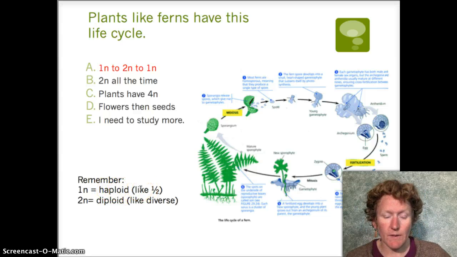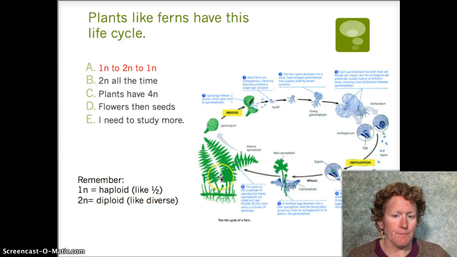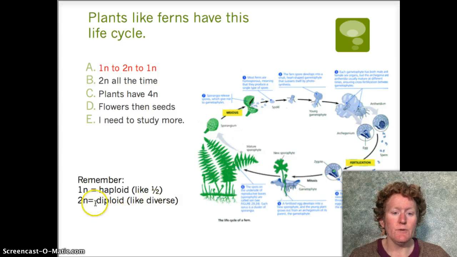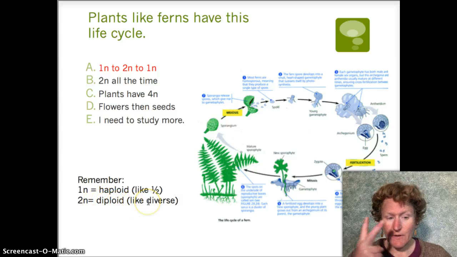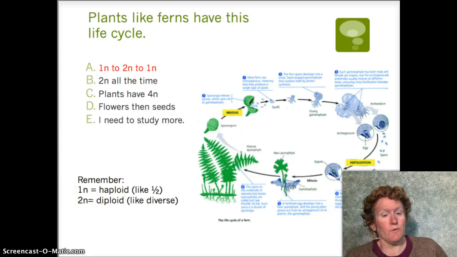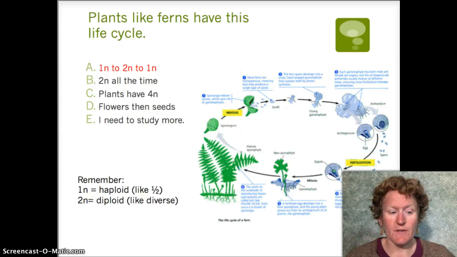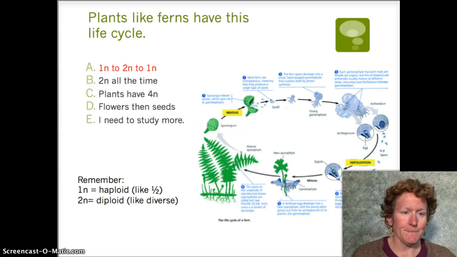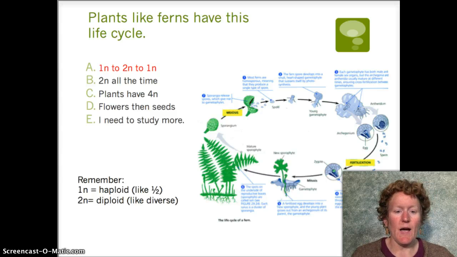Half what would normally be present in an organism that you're more familiar with. 2N is diploid, like diverse or has more diversity. Or diverge. They're like two roads in a wood and they diverged. That means it split into two. So diploid has two copies.